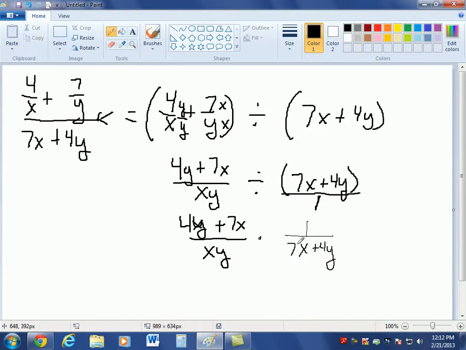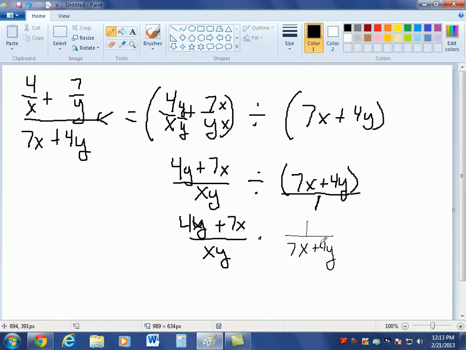There's something we can do. It may not be real obvious here. Is there any canceling we can do? Somebody in the class suggested 4y. Is 4y a factor?